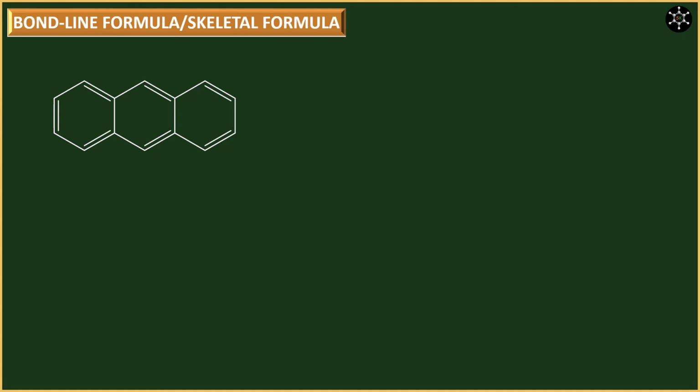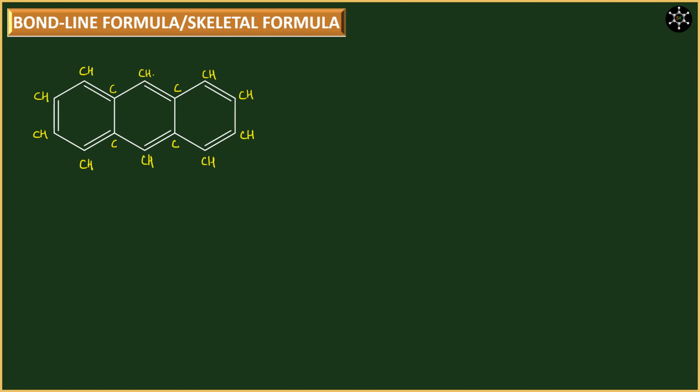In this cyclic structure, this carbon has 3 bonds. So this is CH. This is also having 3 bonds. CH, CH. This is also CH. This has 4 bonds. So C. This is also C. CH, C, CH, CH, CH, CH, C, CH.